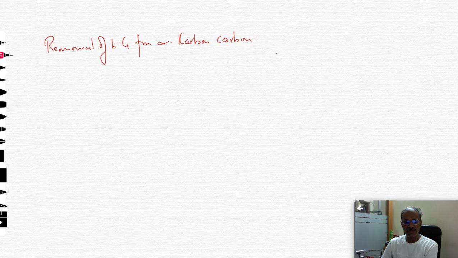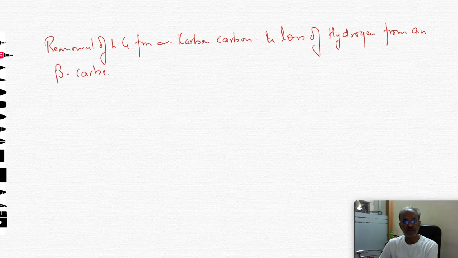Thus we can say there is a removal of a leaving group from the alpha carbon atom and loss of hydrogen from a beta carbon atom.